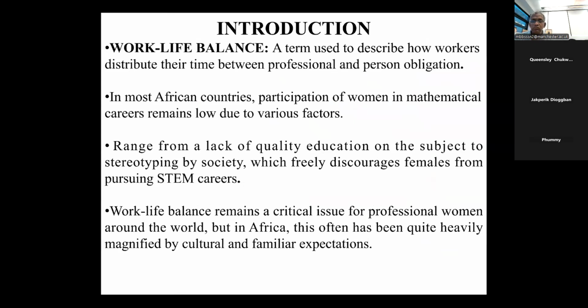It was observed in African countries that participation of women in mathematical careers remains low due to factors such as lack of education on mathematics, barriers such as gender-based discrimination, lack of representation in leadership positions, and lack of general support from the institutional system, which discourages female students from pursuing STEM careers.